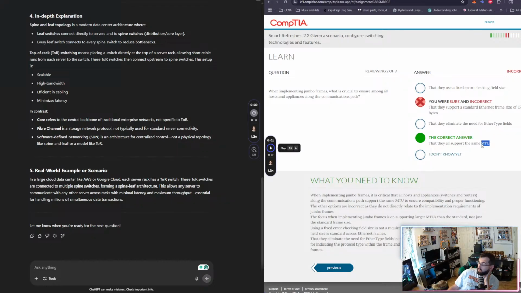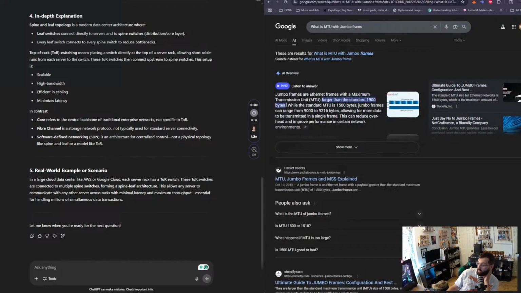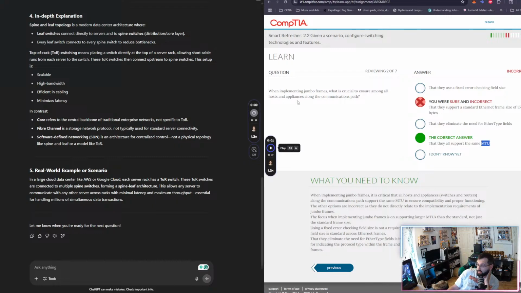Maximum transmission unit, right? So when implementing jumbo frames, what is critical to ensure among all the hosts and appliances along the communication paths? They all support the same maximum transmission unit, which would then be jumbo frames.